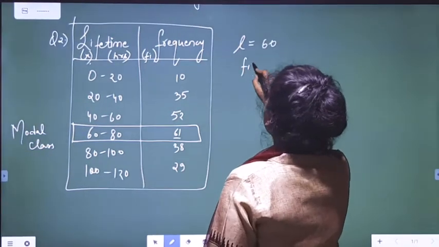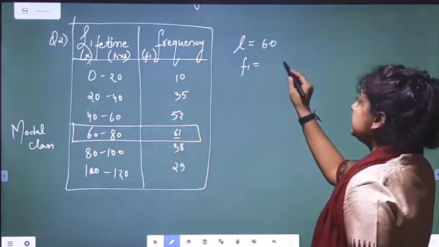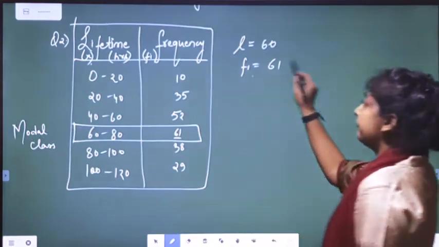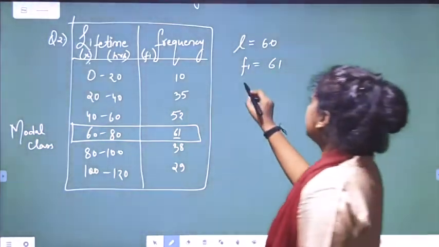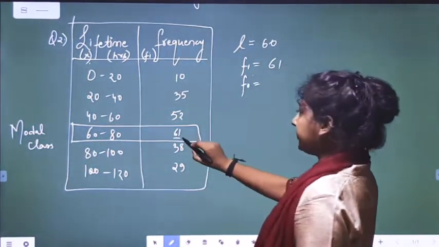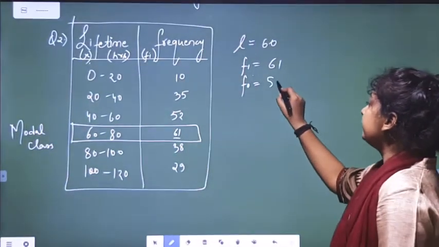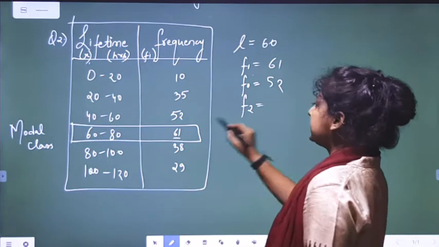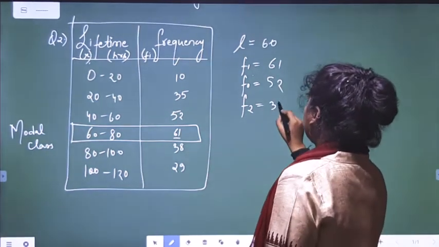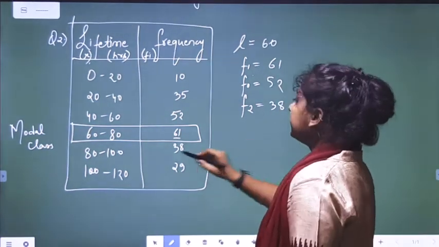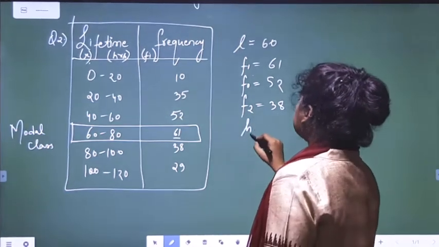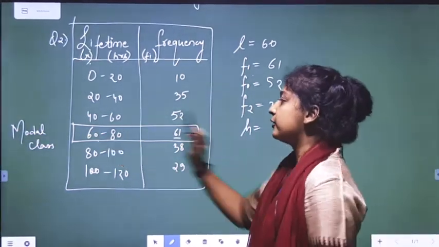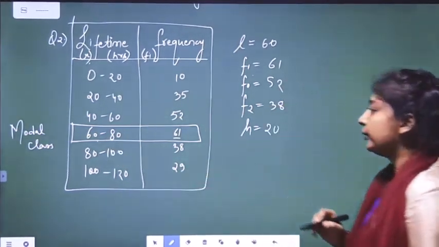What is the frequency corresponding to this? The frequency is 61, so F1 equals 61. What is the preceding frequency? That means the frequency just above this is 52. What is the succeeding frequency? That is the frequency just below this is 38. Next step, what is the class size? See, the gap is of 20, so class size is 20.